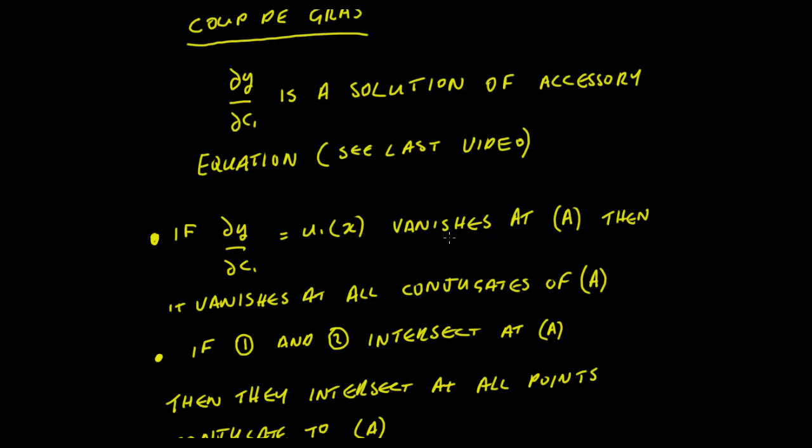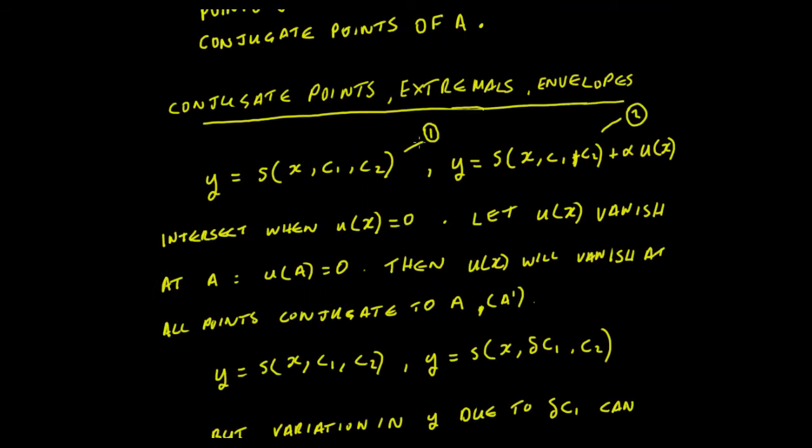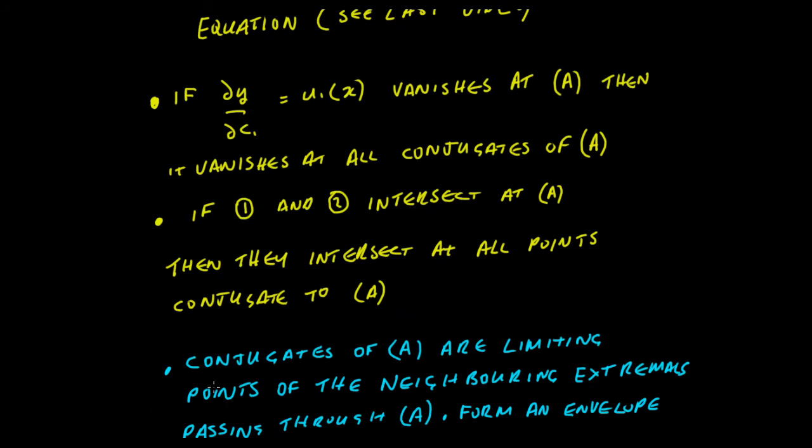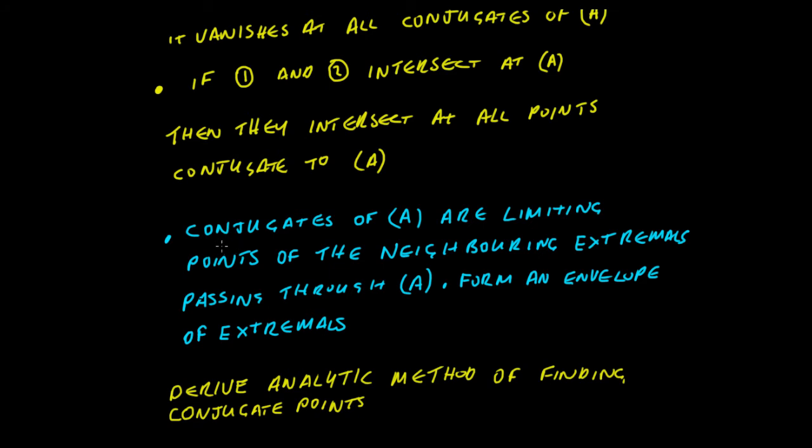It's going to vanish at a point A, and it's also going to vanish at all the points conjugate to A. So equivalently, if equation 1 and equation 2 intersect, they're going to intersect at point A, and also at all the points conjugate to A. And this is the main point of the video: all the points conjugate to A are limiting points of the neighbouring extremals passing through A, and they form an envelope of extremals.